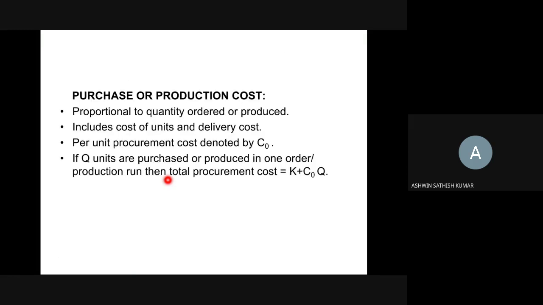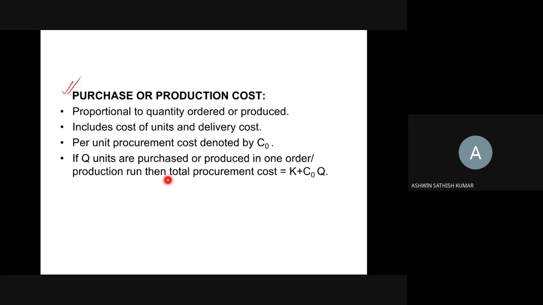Thereafter, in procuring the items, we have to bear another kind of cost, that is known as the purchase cost or the production cost. It means how many items you are procuring, purchasing or producing. That cost depends on the number of items.